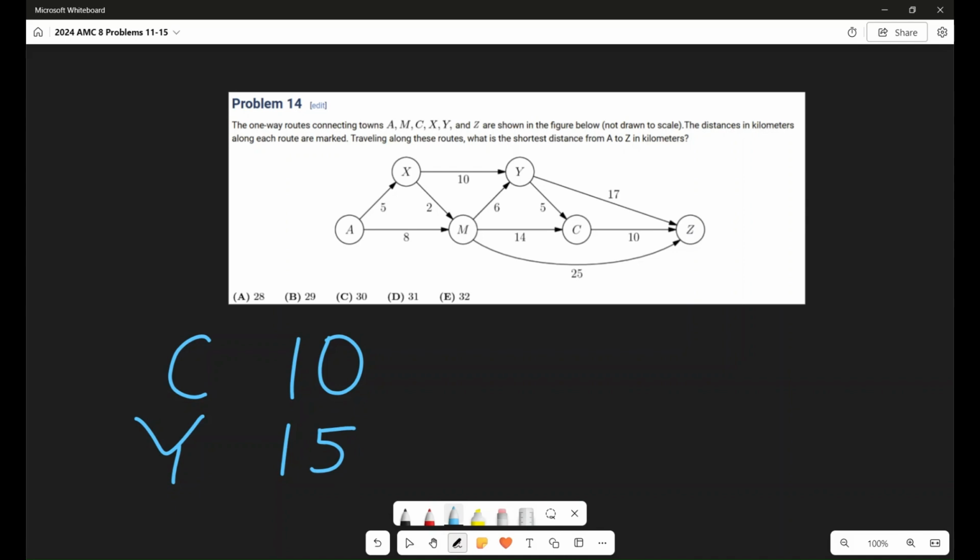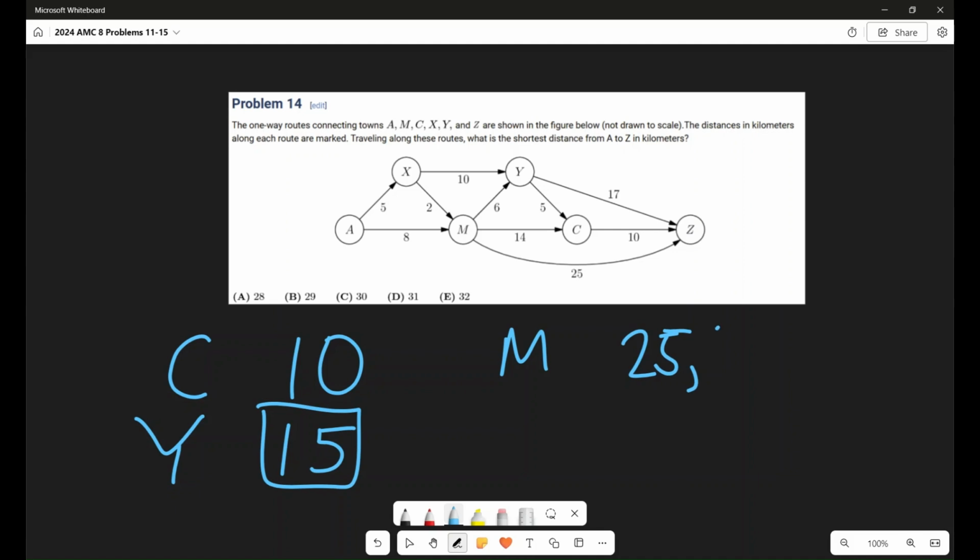Now, let's think in the same way about town M. So if you're at M, you can either go directly to Z with a path of 25, or you can go to Y, which is 6, and then you can take the shortest path from Y to Z, which we found to be 15.